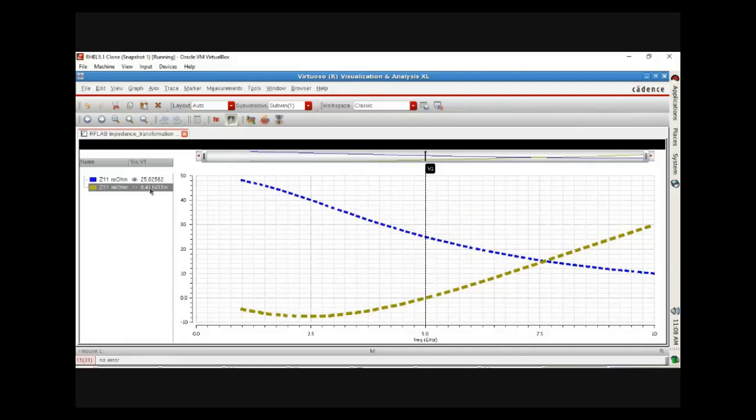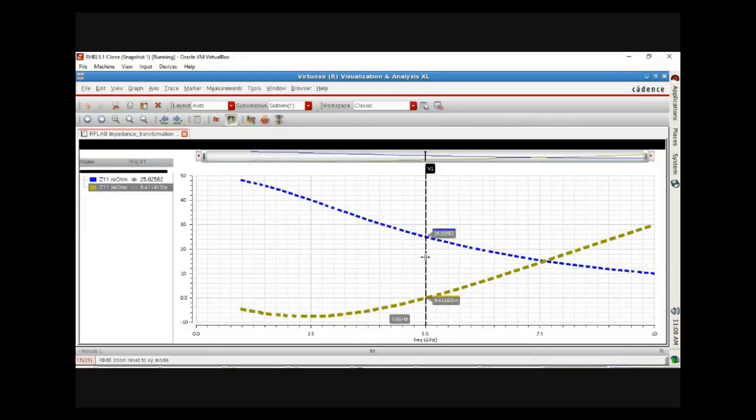You can read the impedance value even on the left hand side. 25.025 is the real part, and the imaginary part is very close to 8.411 milli, which we can consider very close to zero, right? So now we can read it: 25.02 ohm is the intended resistive component, and the imaginary part is 8.4 milli.